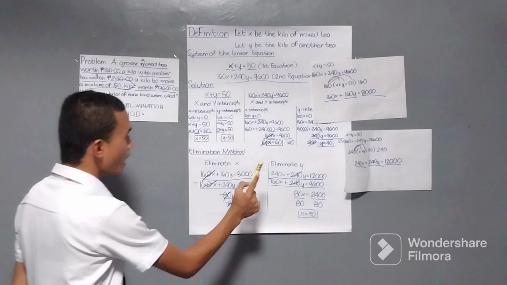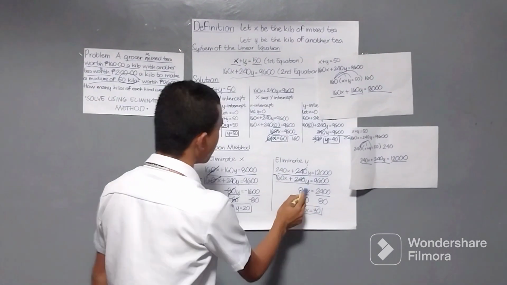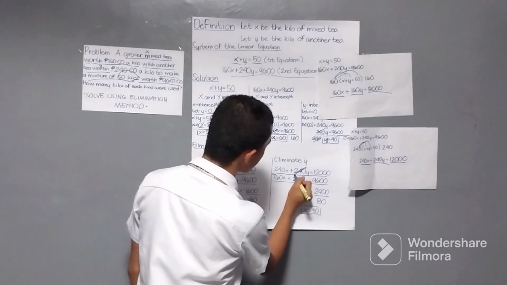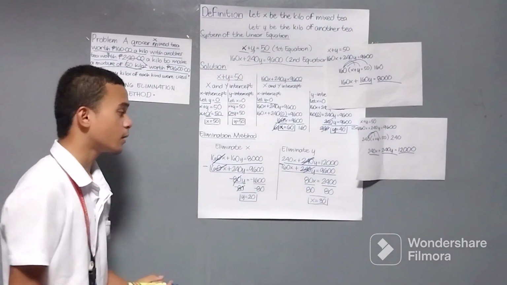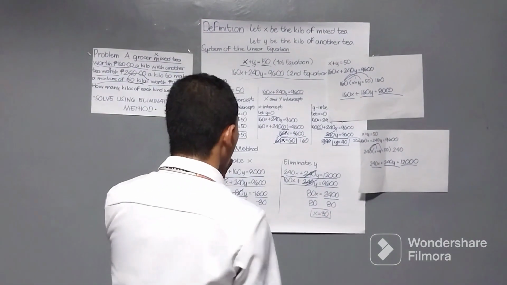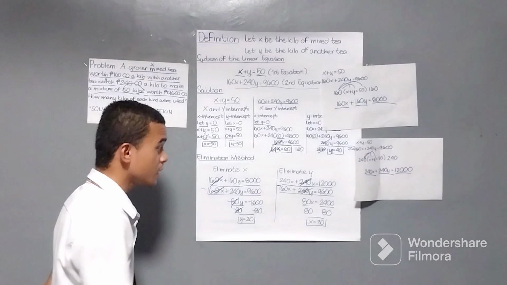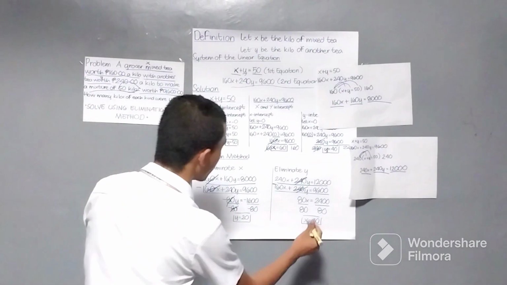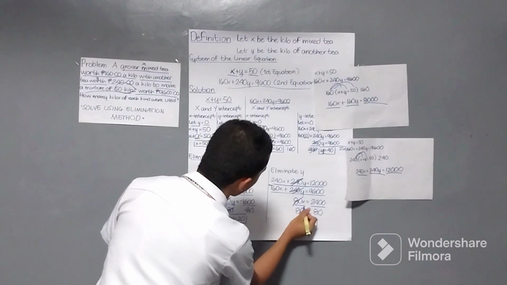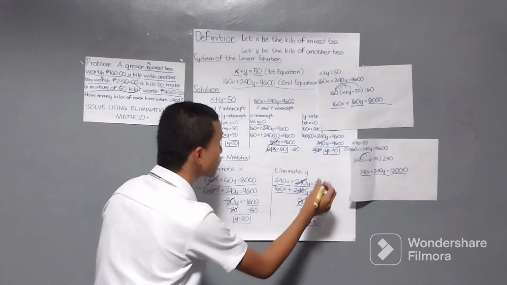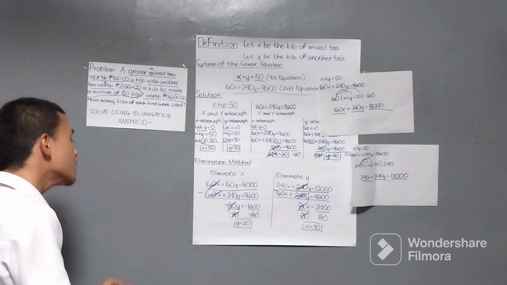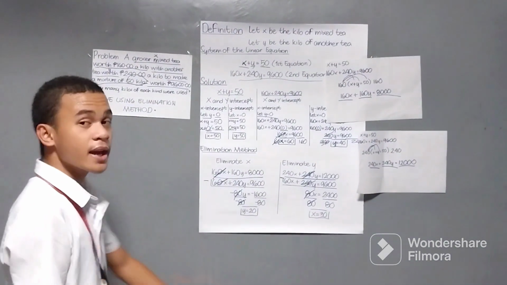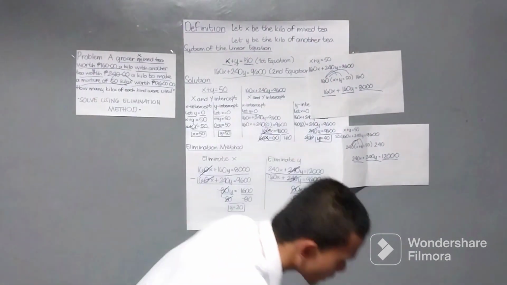So 240x minus 160x would be 80x. 12,000 minus 9,600 is 2,400. Divide both sides by 80. That would leave x, and 2,400 divided by 80 is 30. So now x equals 30.